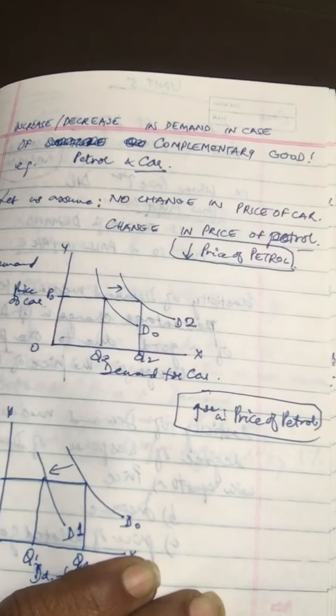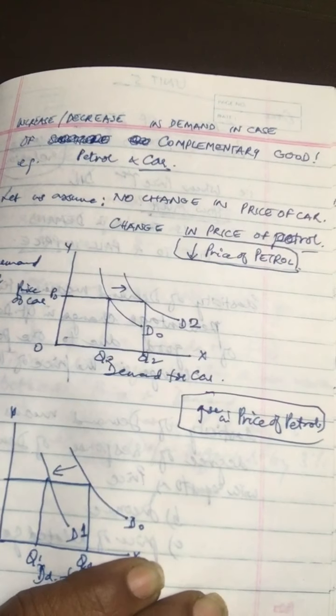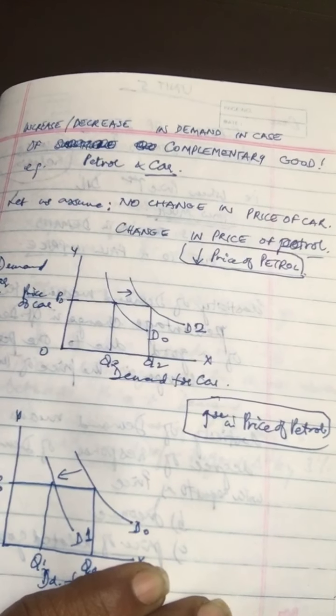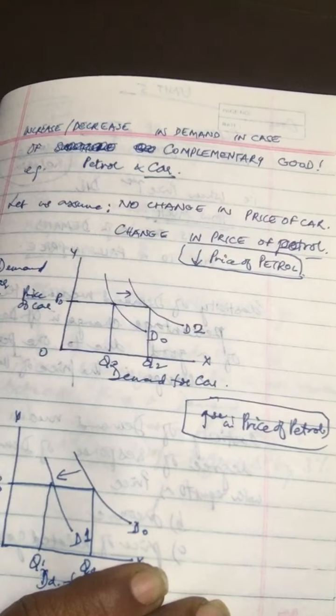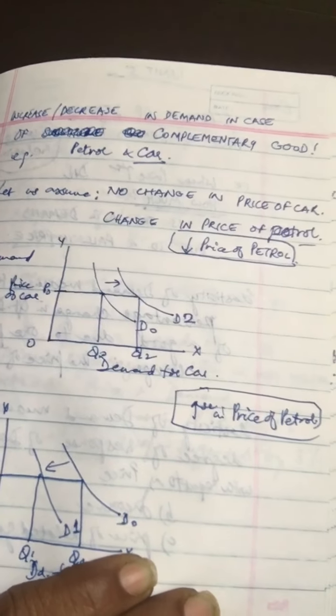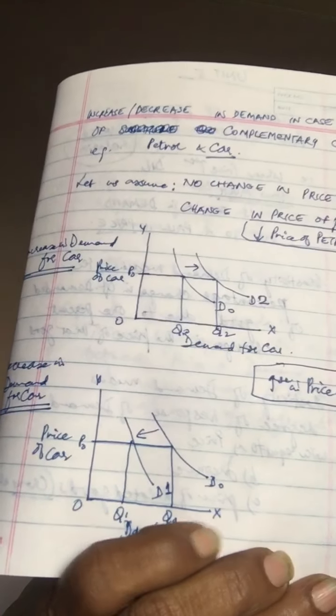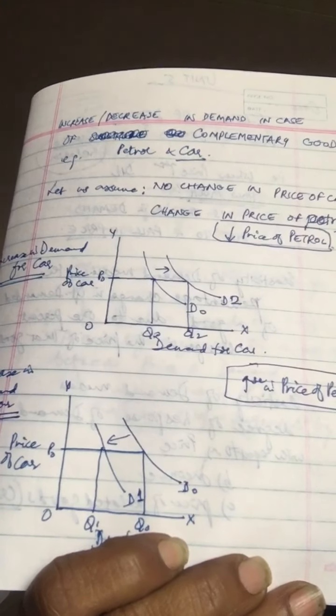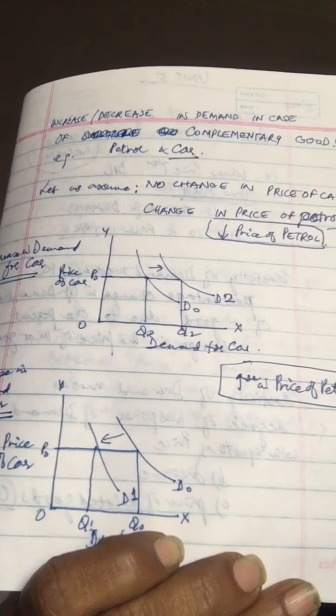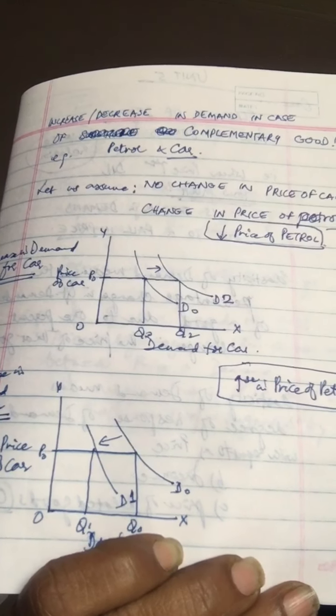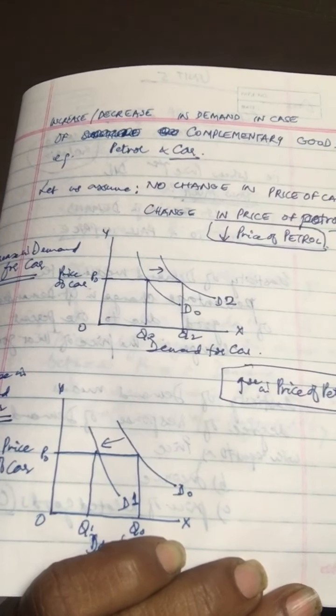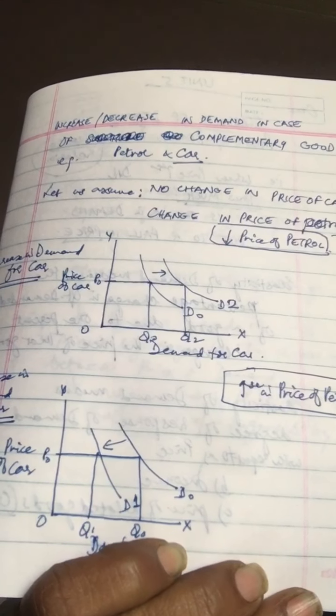And in the next case, suppose the price of petrol increases. If it rises, what happens? There is a leftward shift. D0 is the D original, Q is the Q original, which means the demand for cars is so much.